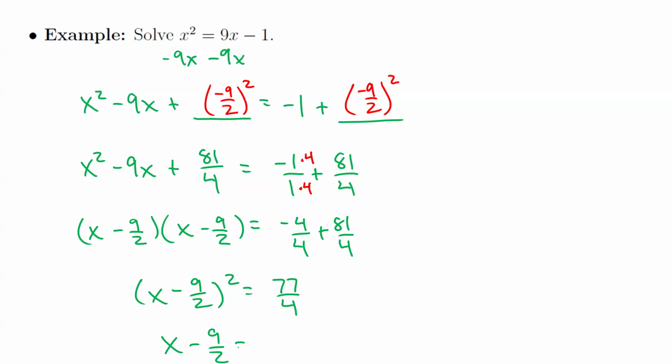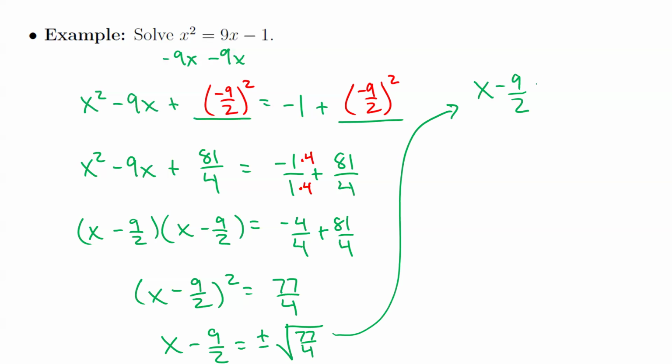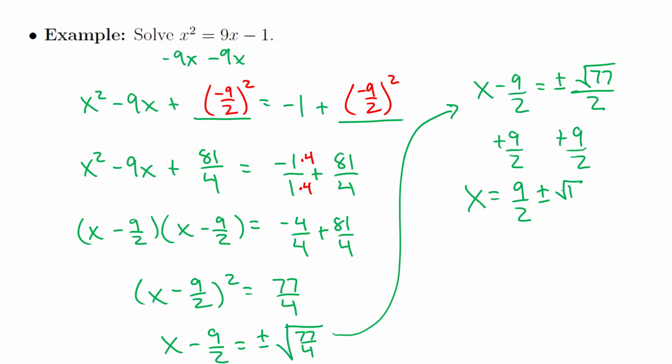So when I apply the square root property, x minus 9 halves is equal to plus or minus the square root of 77 over 2. So x is 9 halves plus or minus the square root of 77 over 2. So that should be a 7, not a 1.